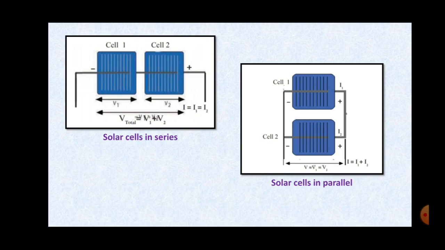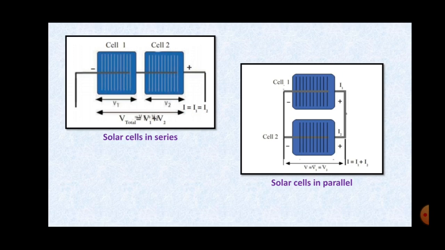Okay. So it means that when photovoltaic cells are connected in series, currents from the individual cells are not added. Whereas when they are connected in parallel, the current generated from the parallel combination is the total of the currents from the individual solar cells, right?